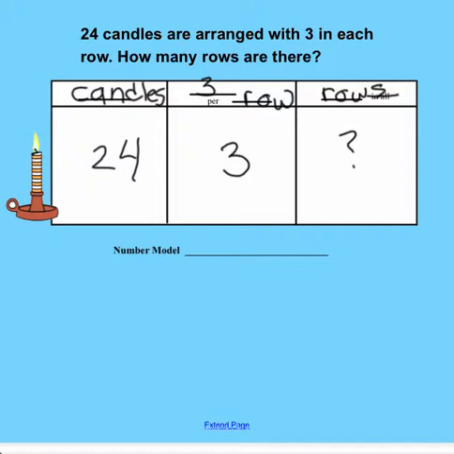Okay, 24 candles with 3 in a row. Well, I'm going to think back to what we talked about in earlier lessons. I think an array would be good for this one. I'm going to draw rows of 3.